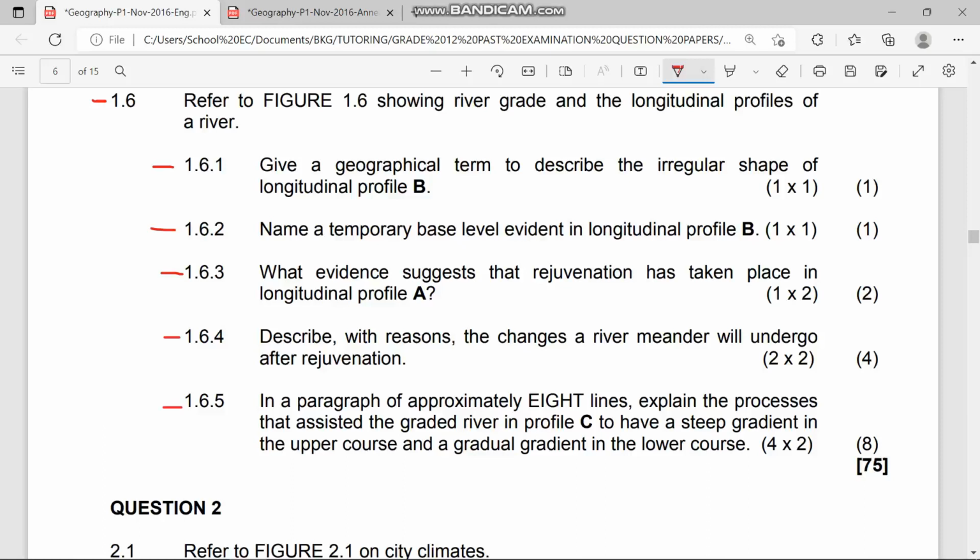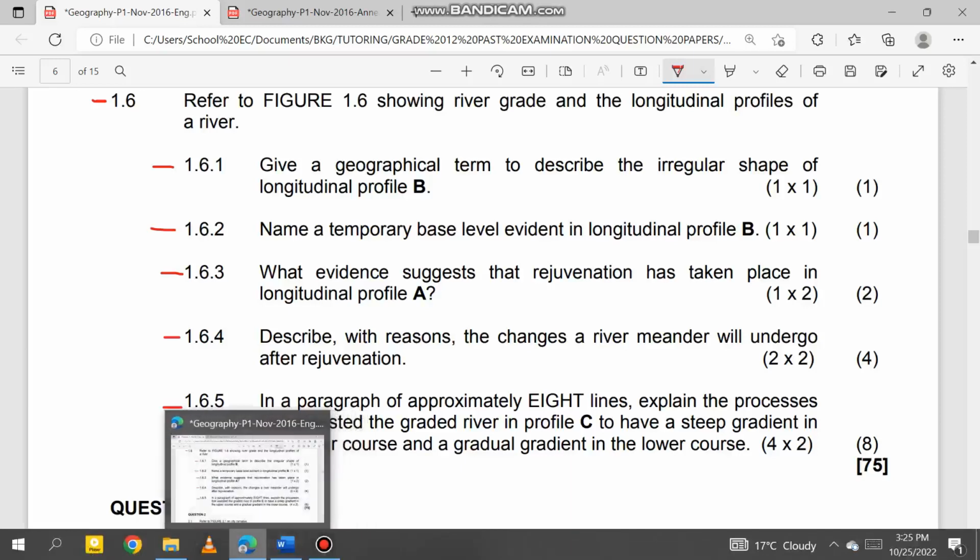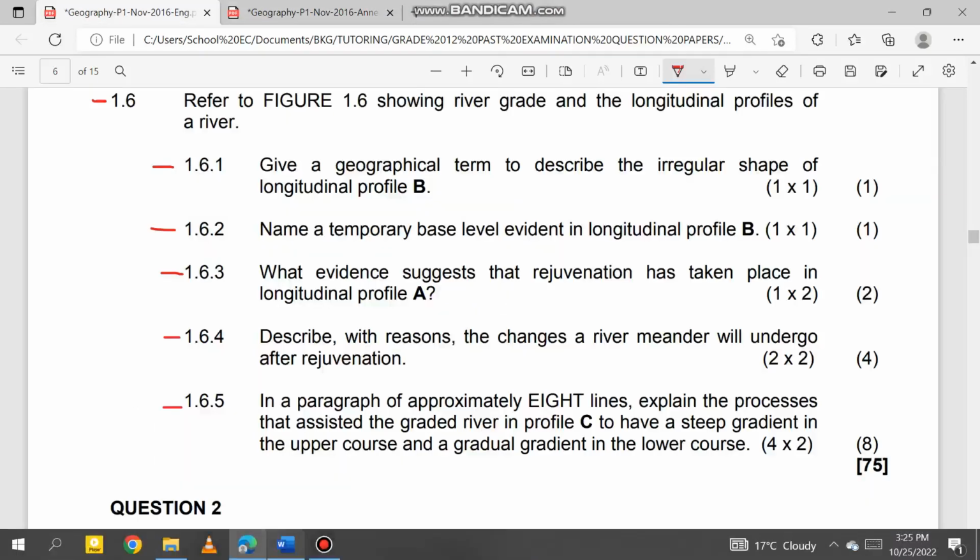As I taught you in our lesson video about river grading, if you lack knowledge or need some information about this, you can revisit my lesson video in this channel, on river gradient and morphology. Let's give answers.